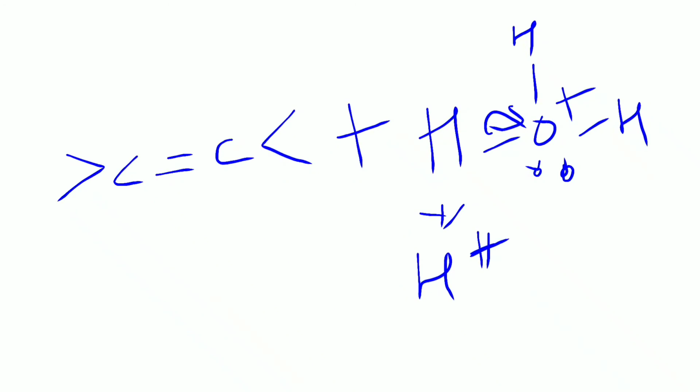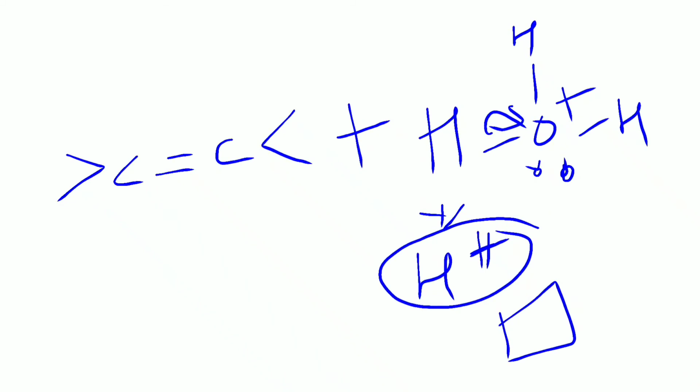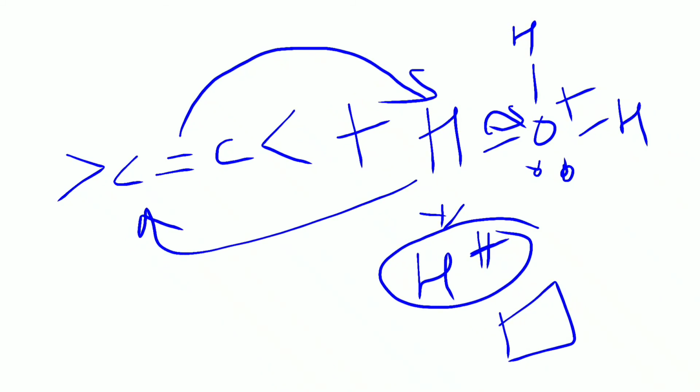This H plus means what? H plus means there is no electron. So in this H plus, electrons are shifted from the bond pair toward the hydrogen, and this hydrogen is attached with this carbon, right, forming carbocation.